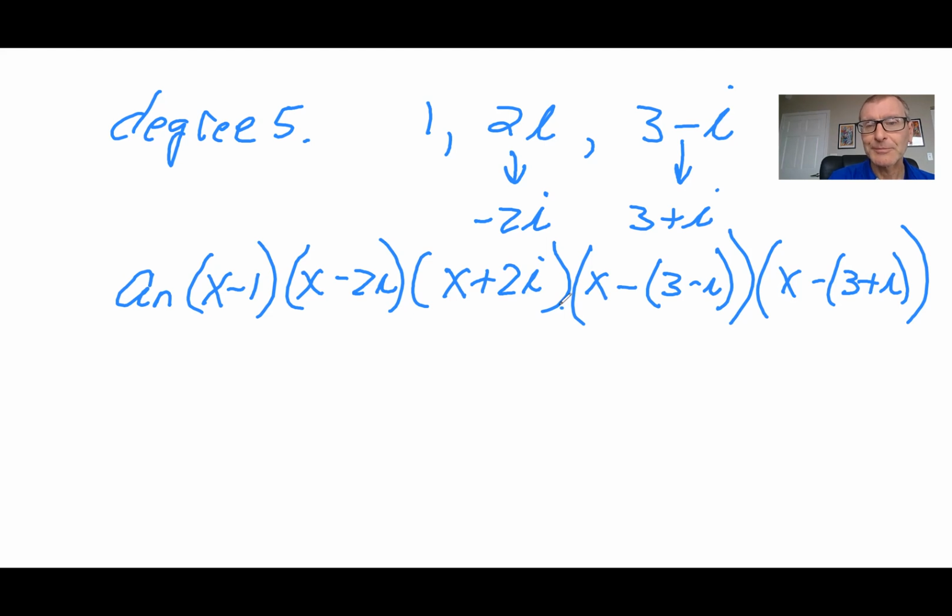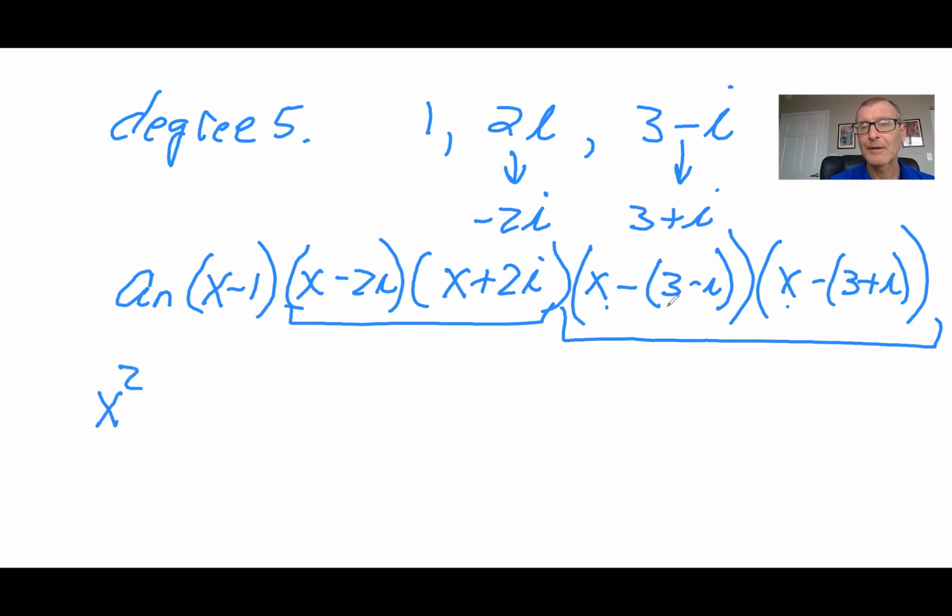So as a review, I'm just going to do this part right here. So let's multiply that all out and see what happens. Because you would do this first, then this one second, and then you could just keep multiplying after that. But let's do this one first. So x times x is x squared. Then x times minus 3 is minus 3x.